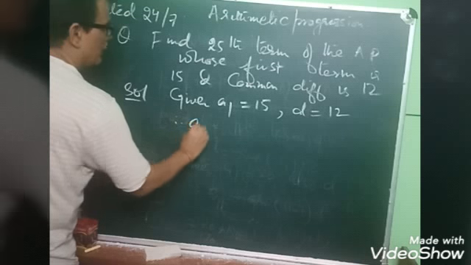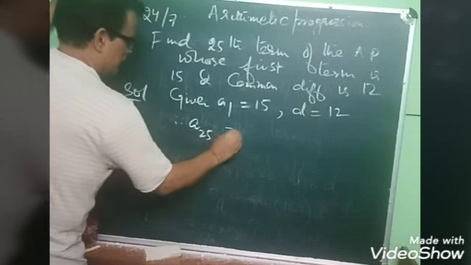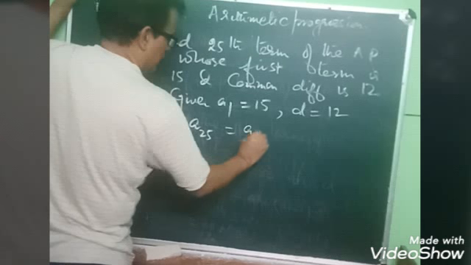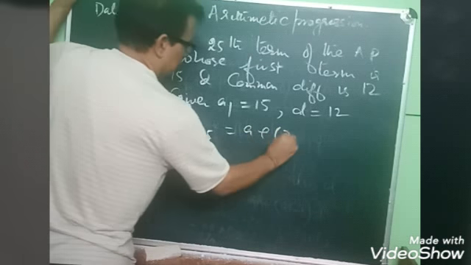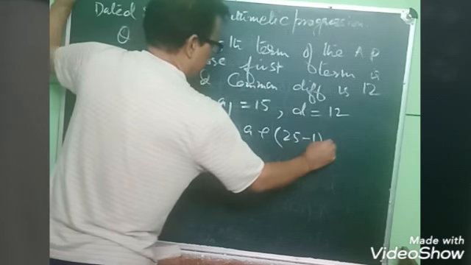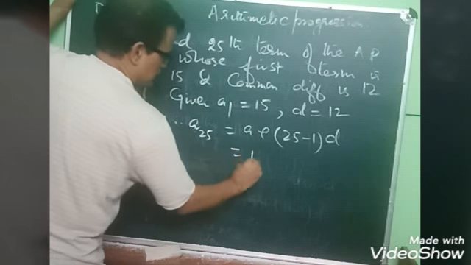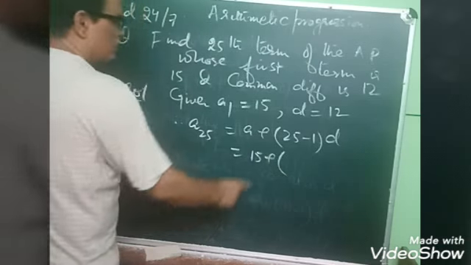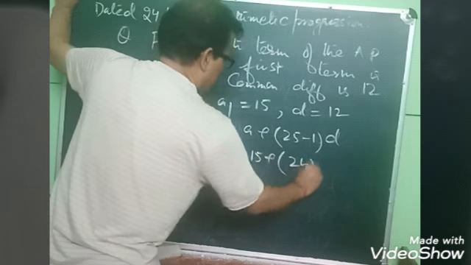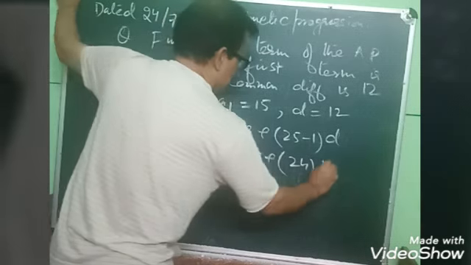Therefore a25: an is equal to a plus n minus 1, that is 25 minus 1, into d. a1 means a, that is 15, plus 25 minus 1 is 24, into the difference 12.